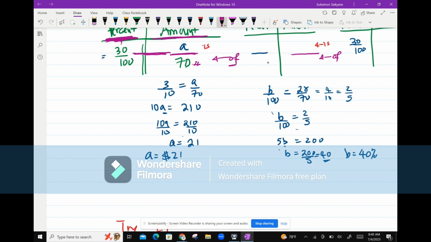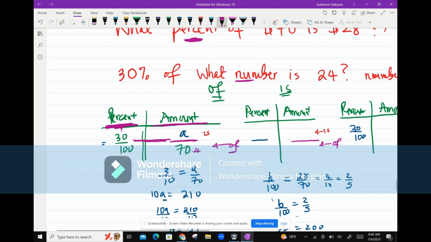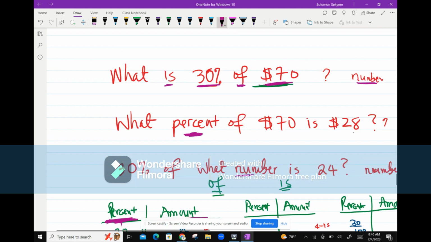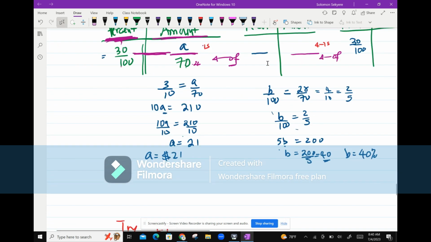So now you set it up. 30 over 100, let's go to the question. What percent of 70? 70 goes to the bottom, "of" goes to the bottom, and then you look in the question and you see the top is missing. The "is" is what we need to calculate. You don't know it, so choose any letter to represent that unknown.